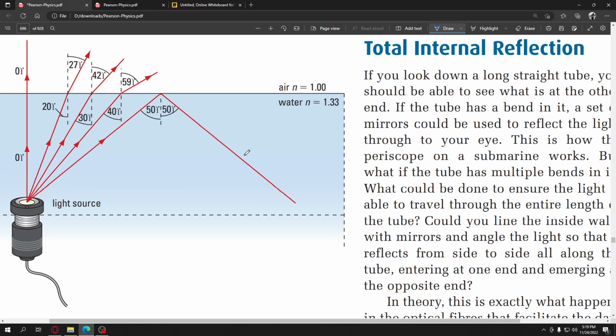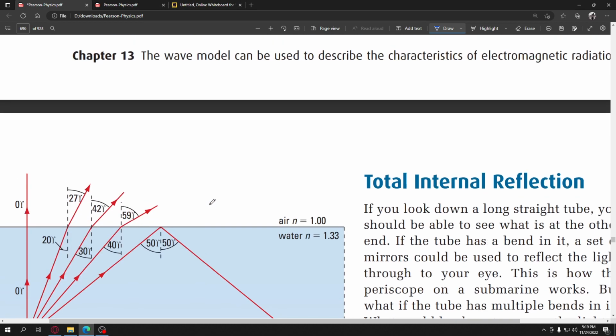Okay, total internal reflection. Now, when does total internal reflection happen? If you go back to the original diagram, we saw that when an incident ray crosses over, some of it is reflected, some of it is refracted, right? That's what we saw.